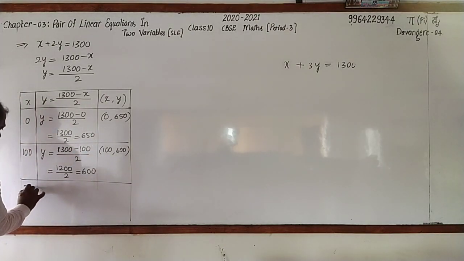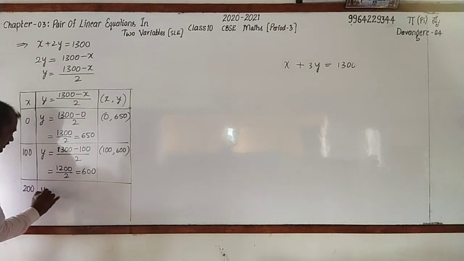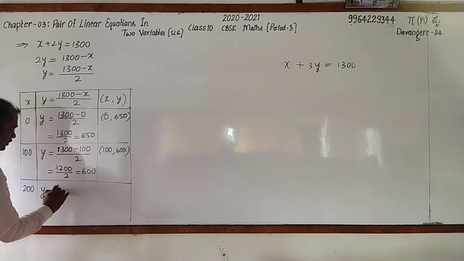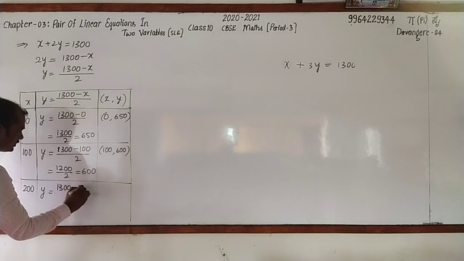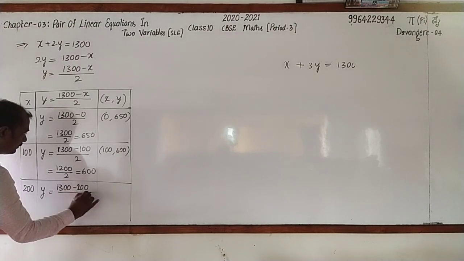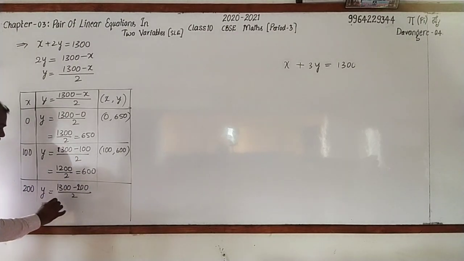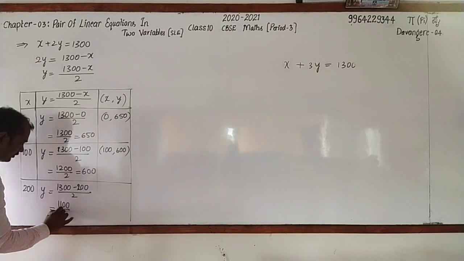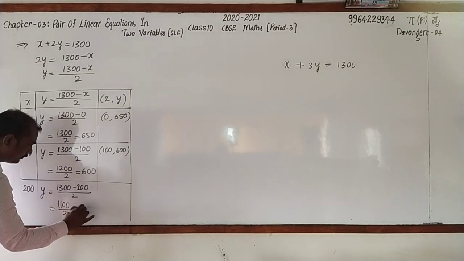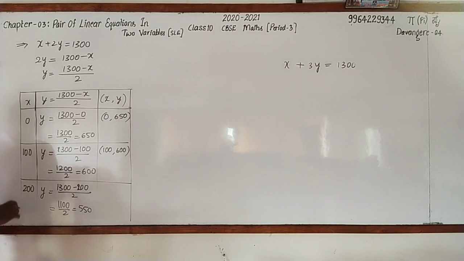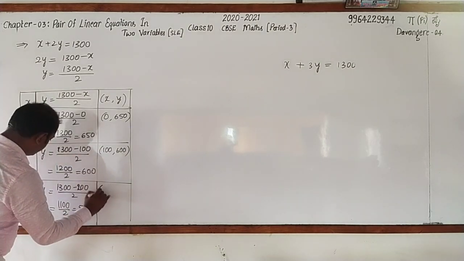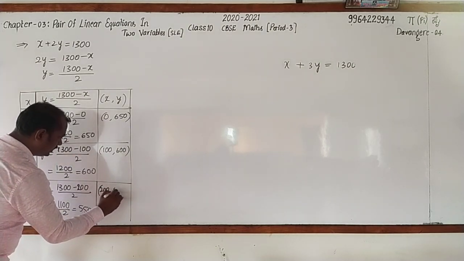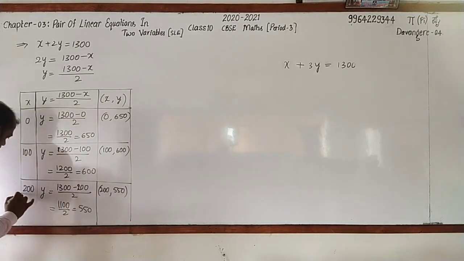Call it 200. Then y is equal to 1300 minus 200 by 2. How much is it? 1100 by 2. It is 550. Hope that you have understood. Now here I'll write, when x is 200, y is 550.